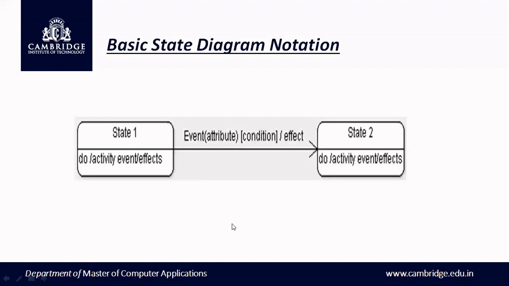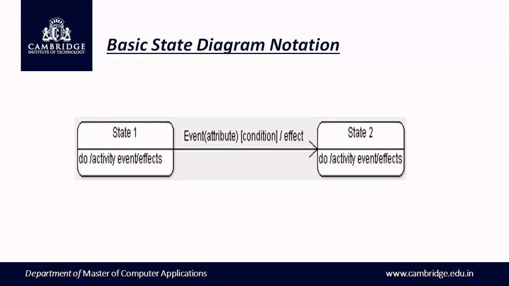Next comes the basic state diagram notation. Here we have understood what a state, a transition, and an event are. All these notations we are trying to put together into a single state diagram, and we can see the notations that we use for state, event, or transitions.